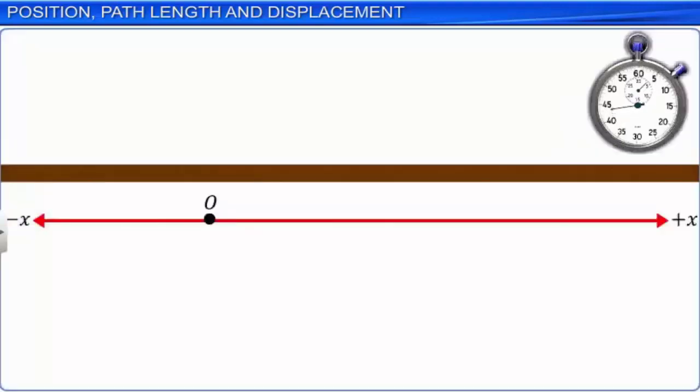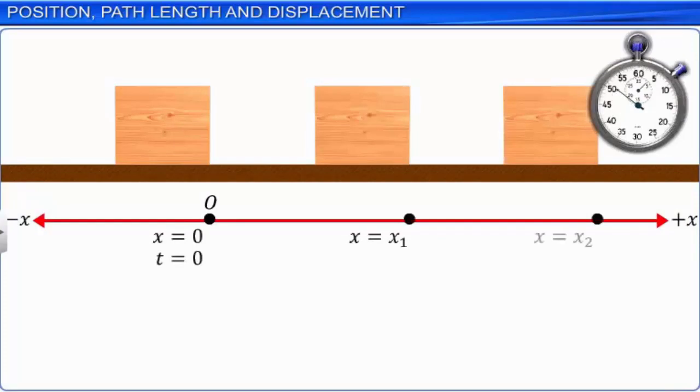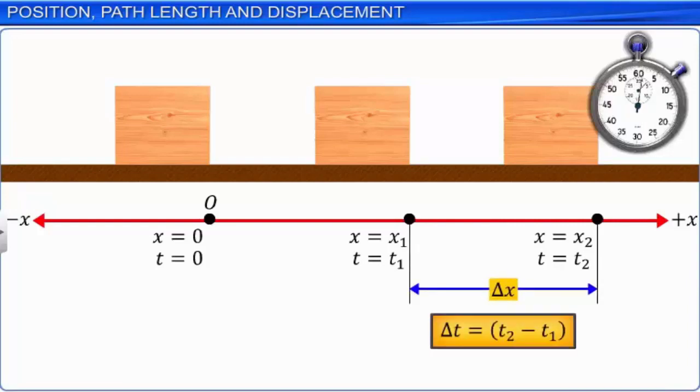Let x1 and x2 be the positions of an object at time t1 and t2. Its displacement delta x in time delta t equal to t2 minus t1 is given by the difference between the final and initial positions. Delta x is equal to x2 minus x1.